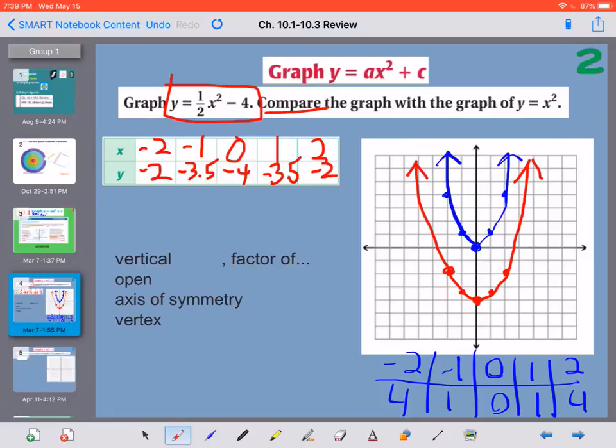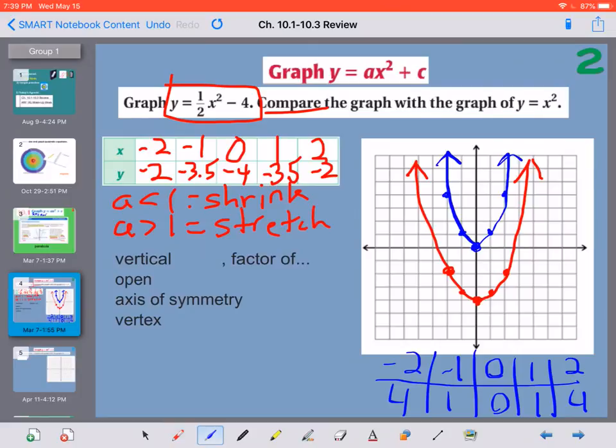Now we have to talk about whether it has a stretch or a shrink factor. If our A is less than 1 but greater than 0, it's going to have a shrink factor. If A is greater than 1, it's going to have a stretch factor.